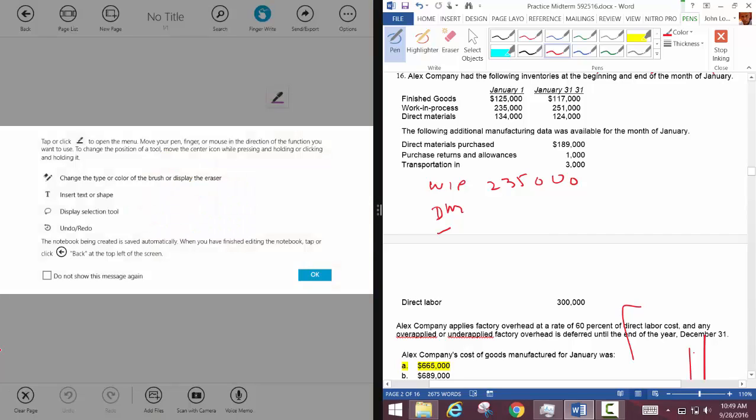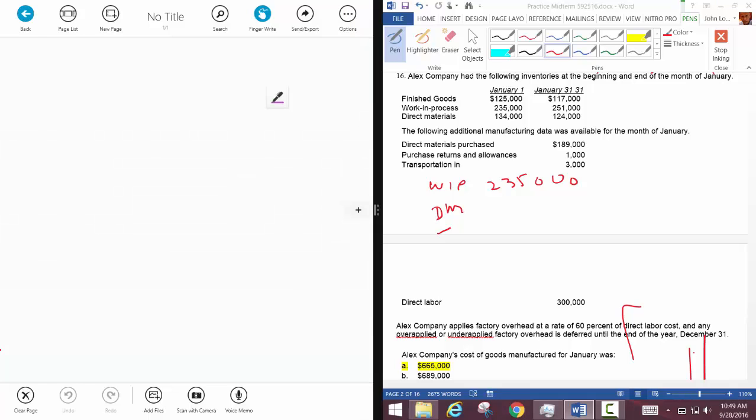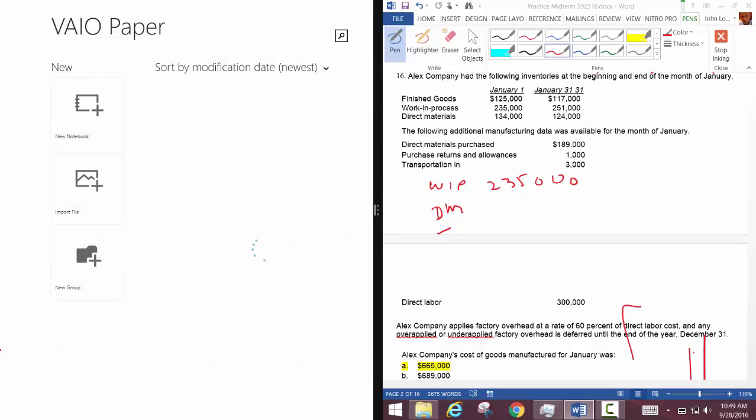Okay, let me see what we've got going here. Let me see the pen for a second. Maybe if we hit back, it'll go away. I split the screen somehow. There's probably a way to change this back. Is it from down here?